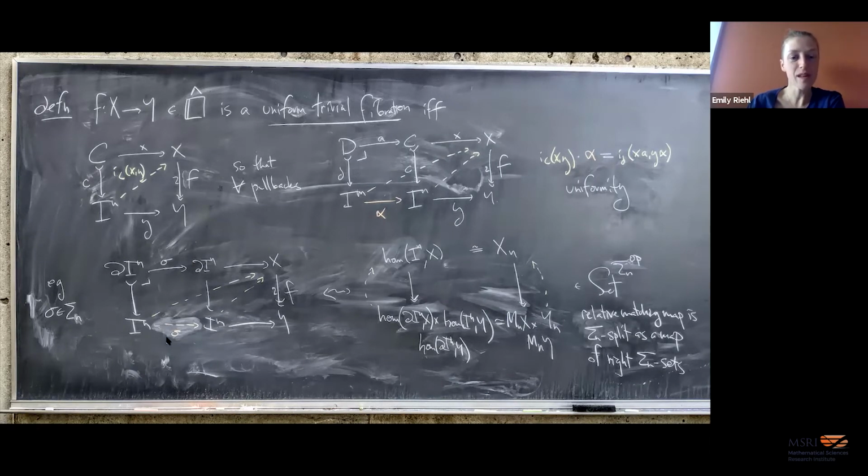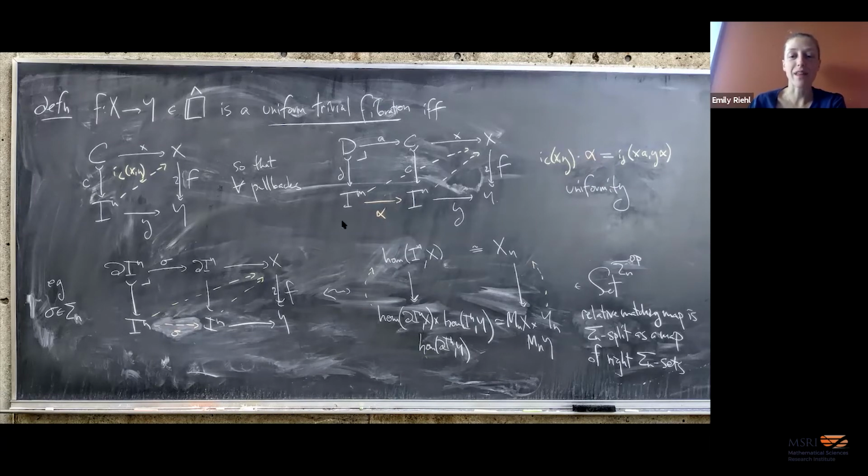And then if I had an automorphism, so a symmetry, an element of sigma n, that gives me a map between these cubes. And when I pull back, I'm going to get the same boundary, but I have a permutation here as well. So this is an instance of a pullback square. And so I have some uniformity condition. So that means that a trivial fibration comes equipped with a solution to a lifting problem like this, that when I restrict along this symmetry is equal to whatever this is going to be.